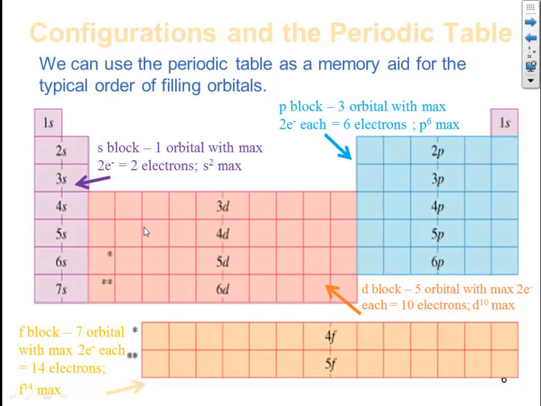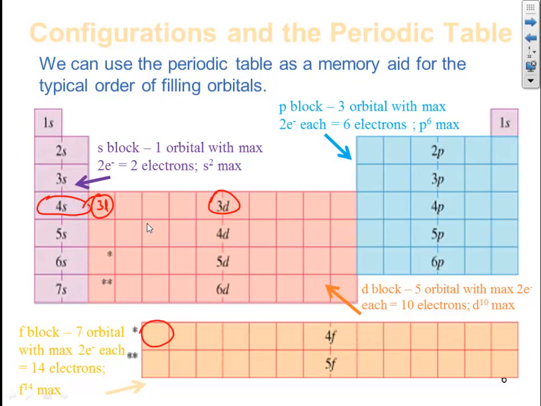Now some points to state here. Notice that we build in increasing 1s, 2, 3, 4, but right here, the d block is 1 level less. Even though we start off at 4s, when we start our d block, we start off at a 3d. 1 less.